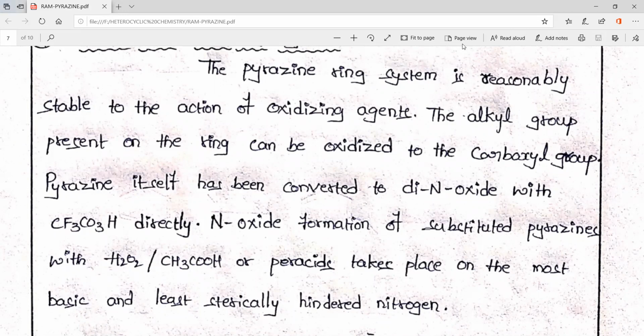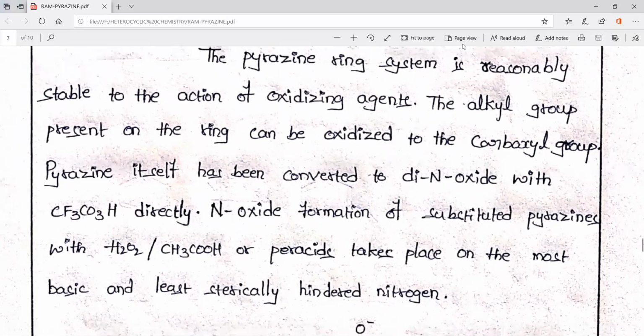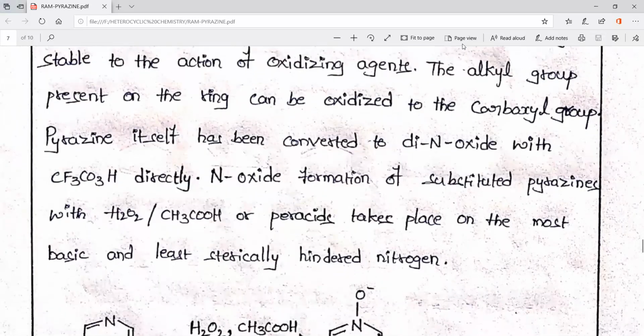So N-oxide formation of substituted pyrazines with hydrogen peroxide and acetic acid or peracids takes place on the most basic and least sterically hindered nitrogen. When the two nitrogen atoms are different, that is, when there are varying substituents in the pyrazine ring system, the least hindered nitrogen atom can only form N-oxides on oxidation with hydrogen peroxide.